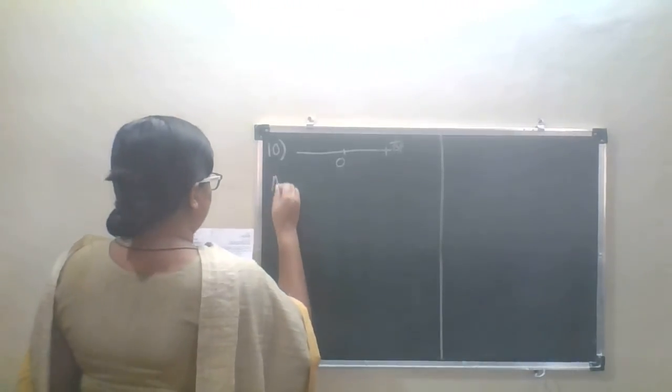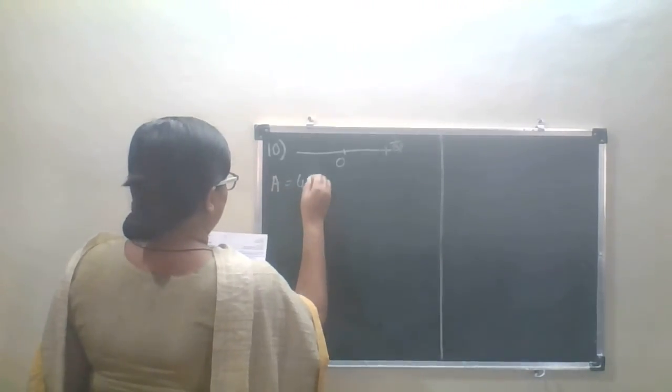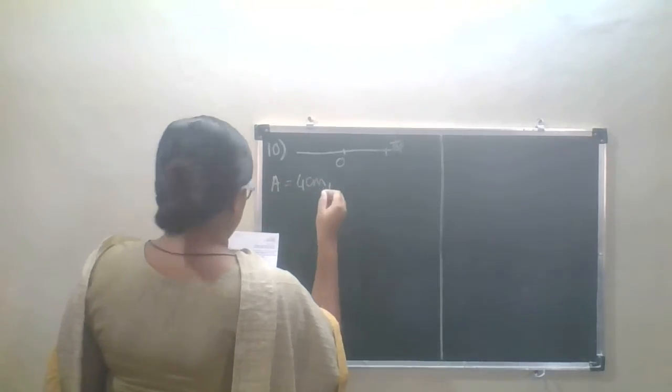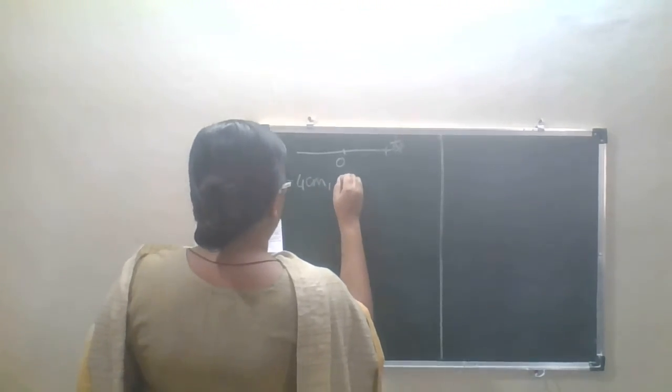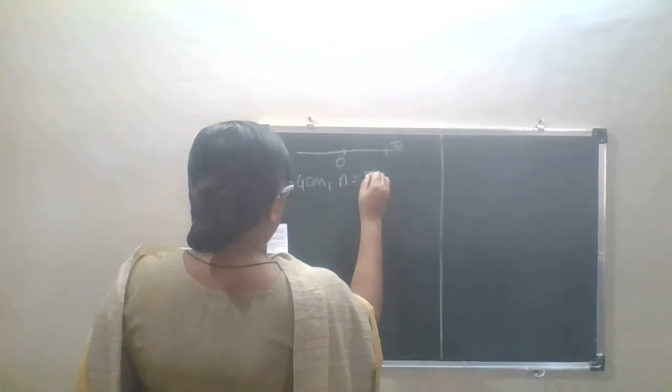A is given as 4 centimeter and n is given as 5 hertz.